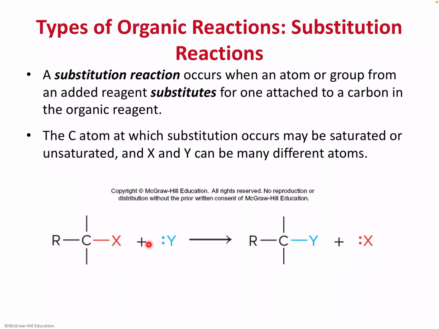Y becomes attached to the carbon and X is eliminated. Okay, the carbon atom at which substitution occurs may be saturated or unsaturated, and X and Y can be many different atoms. But it is a substitution reaction. One comes in and substitutes, and then the other leaves.